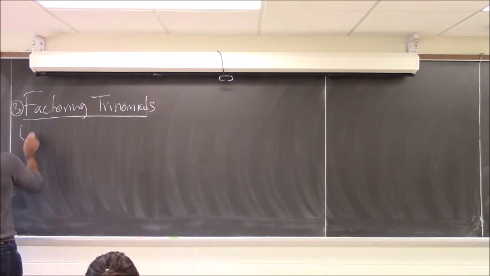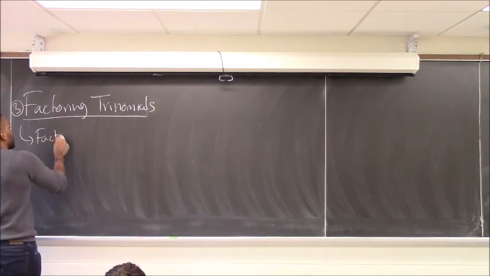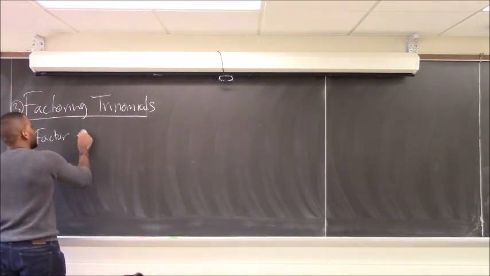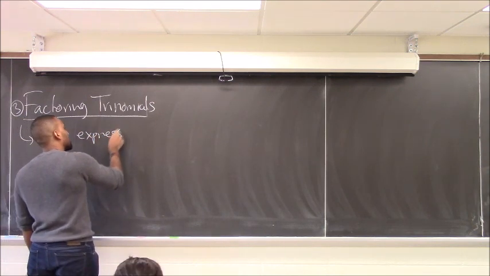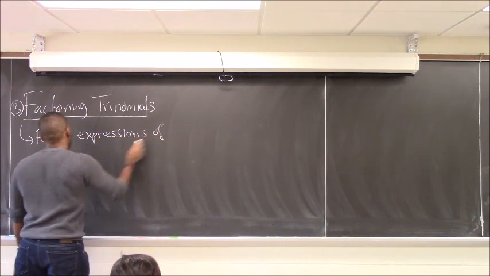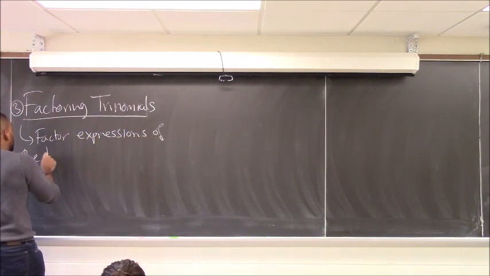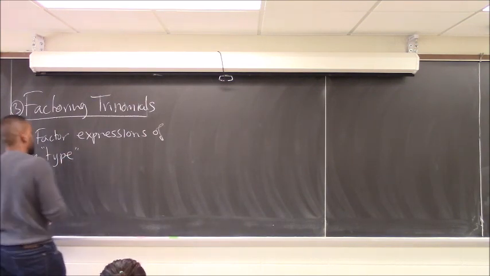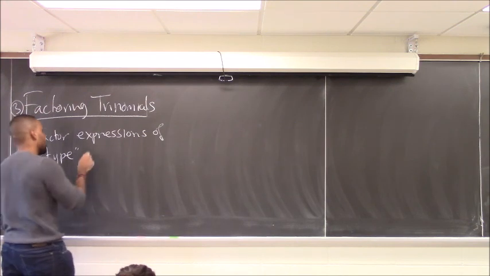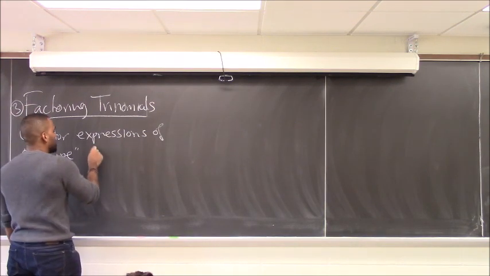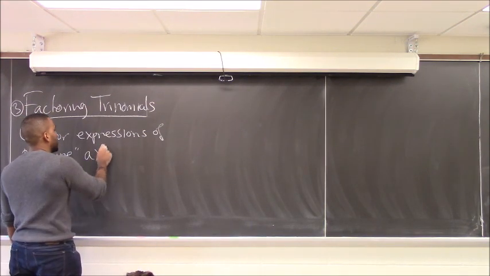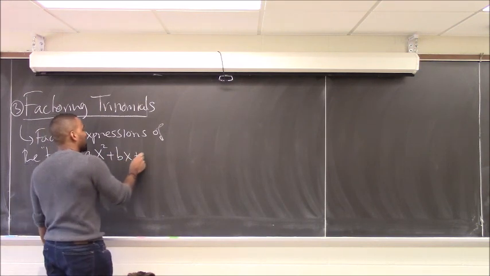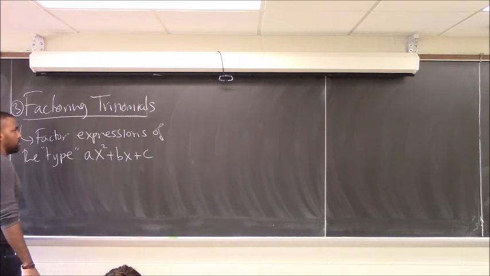So we want to factor expressions of the type, and type is loosely used here, but we'll talk about that later, something like ax squared plus bx plus c. Okay?